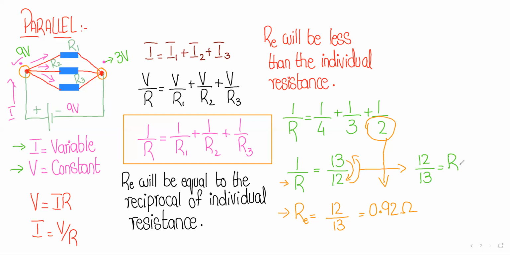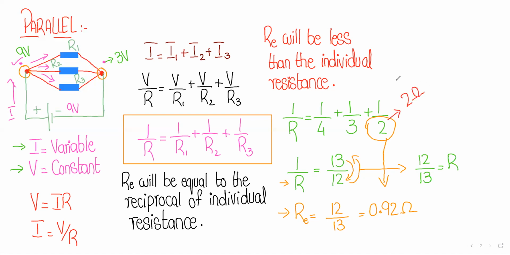So this is the concept, right? Any confusion? But I still don't get how this value is less than the individual. Individual means, let's suppose we have three resistors, 4, 3, and 2 ohms. So the smallest value of resistor in our case is equal to 2 ohms.